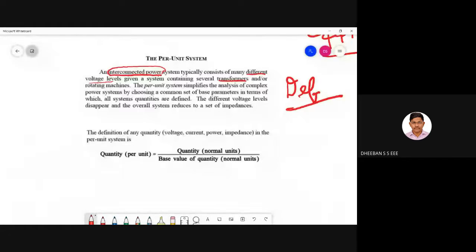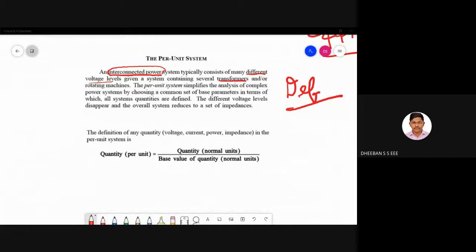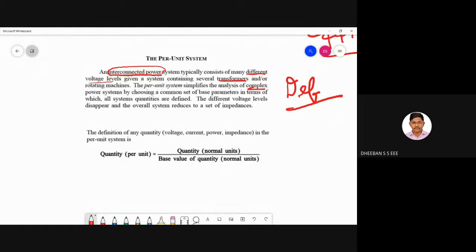Next, for the simplicity of representation, the per unit system simplifies the complexity of the power system. For that you will be choosing the reference or base parameters, and there are certain criteria for choosing such base parameters.